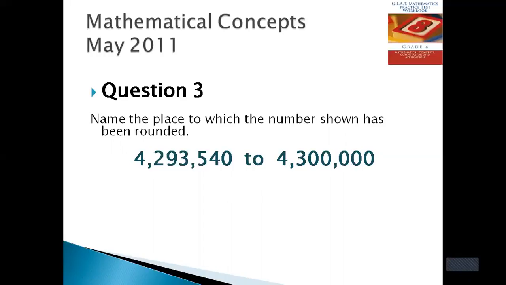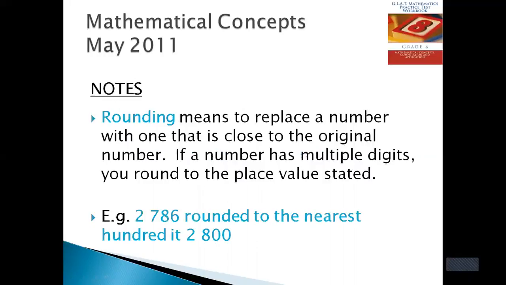Let's see if we have a note here. Okay, so let's go back to the definition of rounding. Rounding means to replace a number with a number that is close to the original number. So if a number has multiple digits, then you round to the place value that's stated.